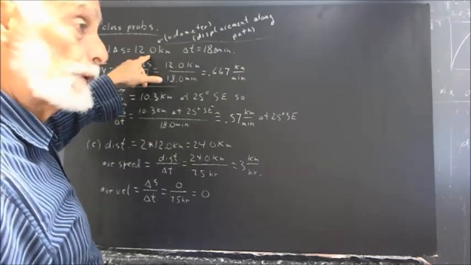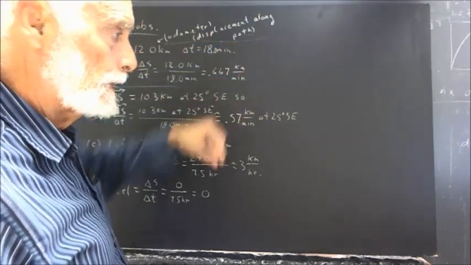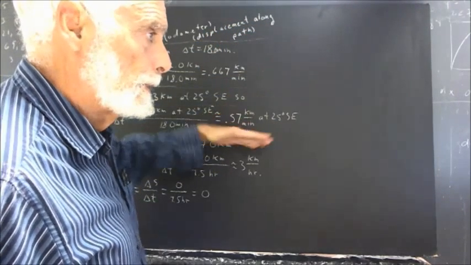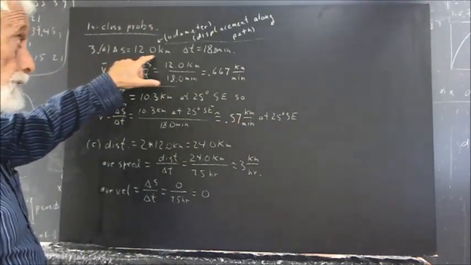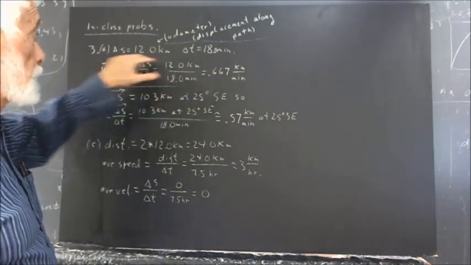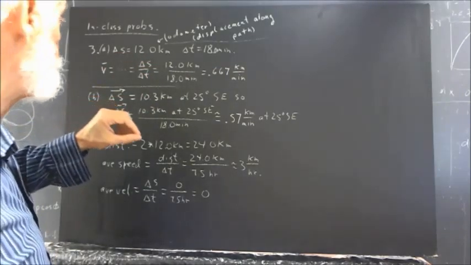Now, this is an odometer reading, so this measures displacement along a path, not displacement from point to point. I'm going to use delta S for the displacement along the path, and we're going to distinguish that from what we get in part B in just a minute.